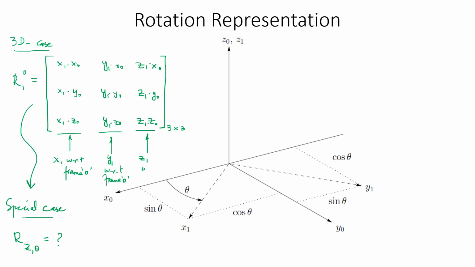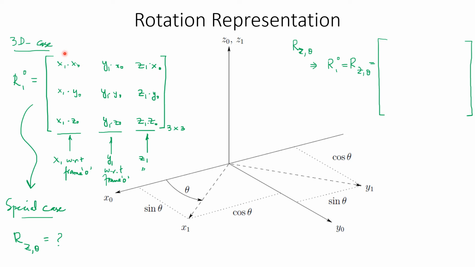Now in that particular scenario, I can readily see the pictorial representation, and I can write down that matrix over here. If the rotation is happening about z-axis by value theta, then the rotation of first frame with respect to 0th frame is going to be equal to Rz theta, and I'm going to plug in the values corresponding to the dot products over here.